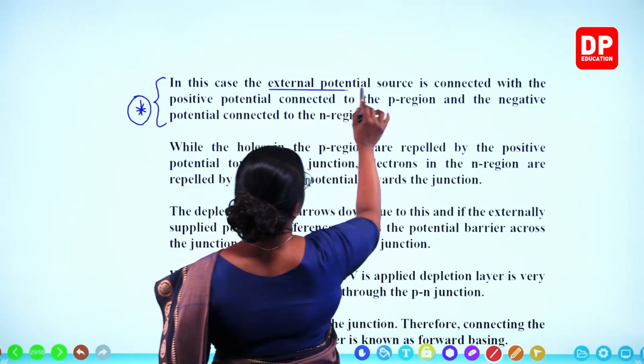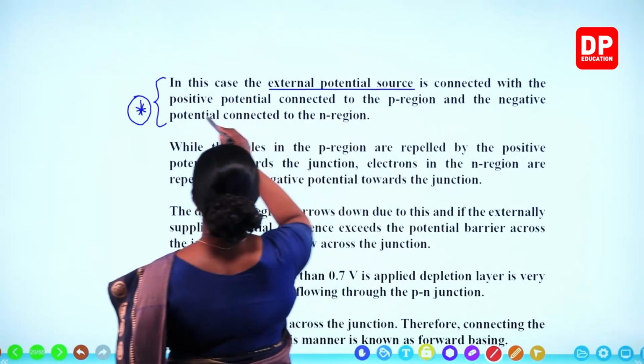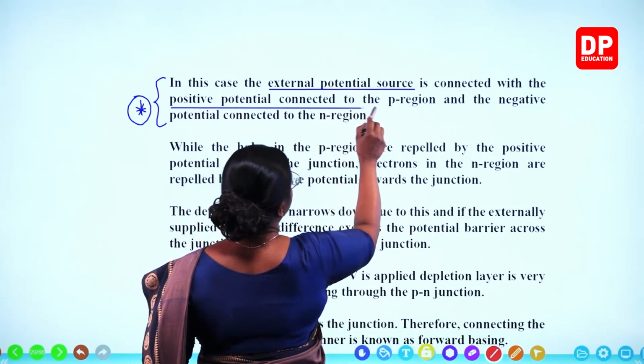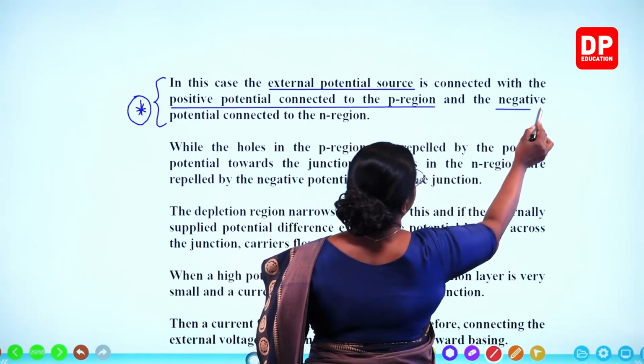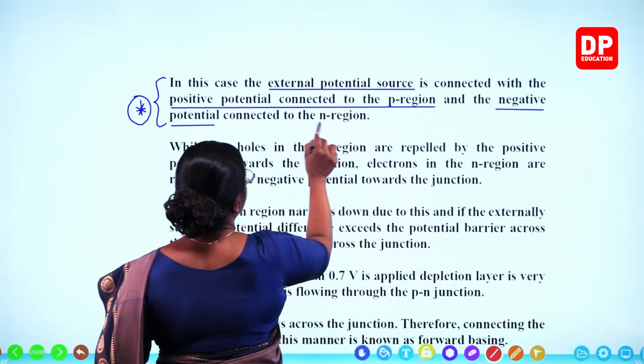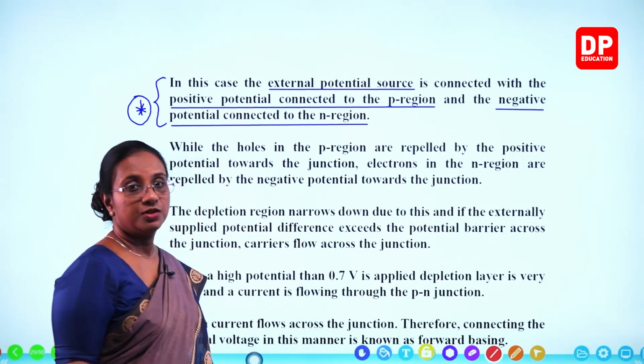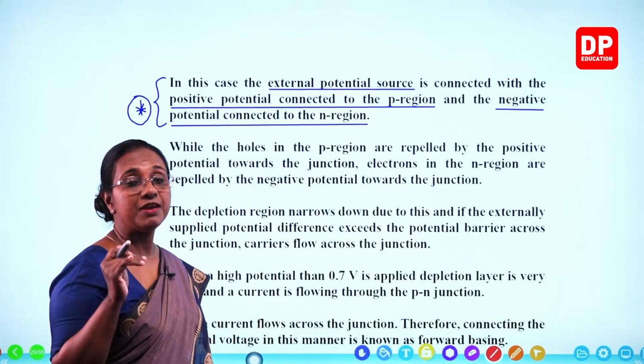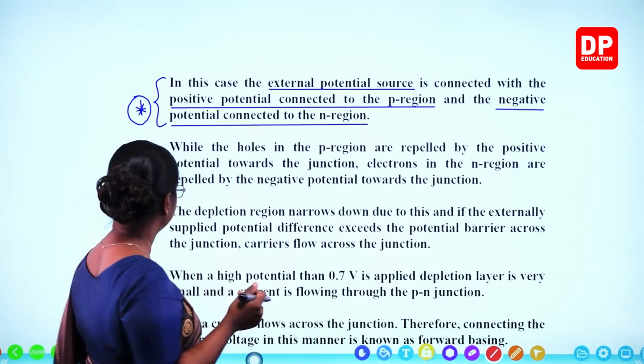The external potential source is connected with the positive potential connected to the P region and the negative potential connected to the N region. So this is the proper way where forward biasing can occur.